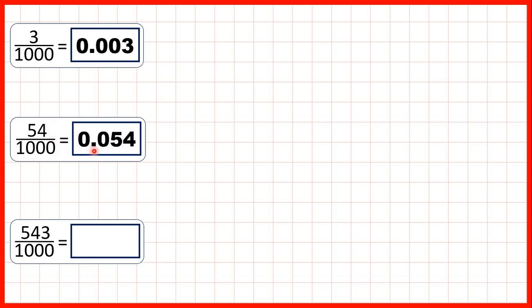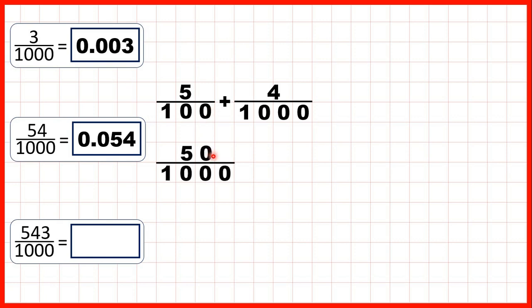That was 0.054, but here you'll notice that the 5 is written in our hundredths column and only the 4 is in our thousandths. 5/100ths is equivalent to 50/1,000ths. That's because we use multiplication to find equivalent fractions. 100 times 10 is 1,000, and what we do to the denominator, we do to the numerator as well, and 5 times 10 is 50.